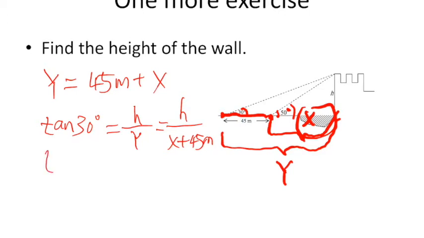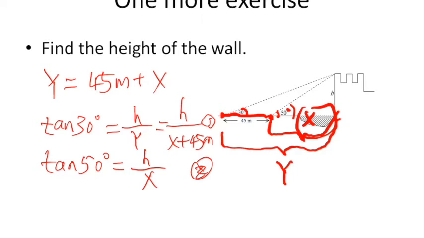And then you also have tan 50 degrees equals h over x. Now we have two equations, equation 1 and equation 2. We want to solve for h using these two equations.